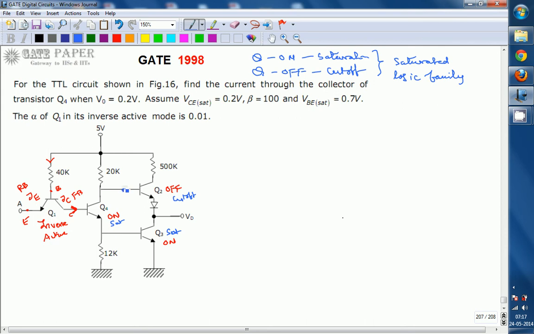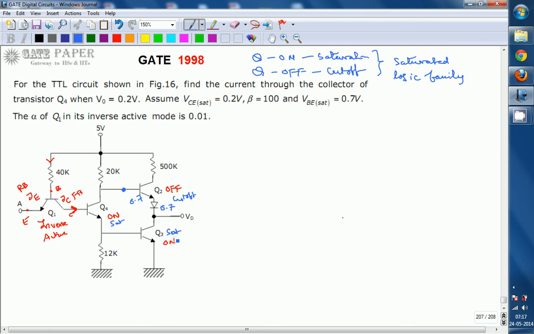If you are able to supply that much voltage, you can say that Q2 will be on. If Q2 is on, there will be a VBE drop across the base to emitter of Q2. VBE saturation is given as 0.7, so what we expect is 0.7 volts over here. Next, this diode is also forward biased whenever Q2 is on, so again it requires one more 0.7.